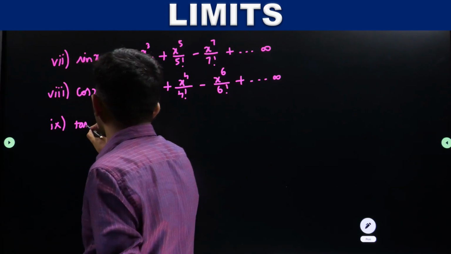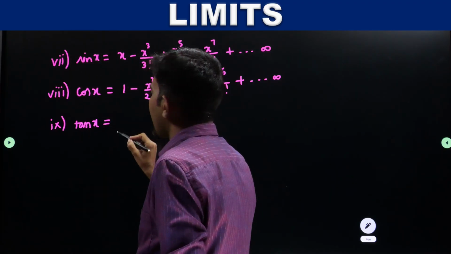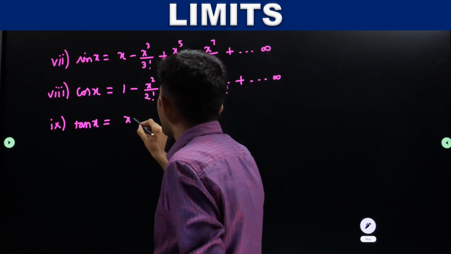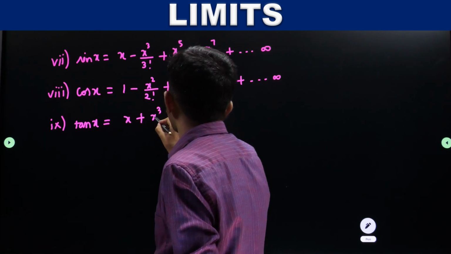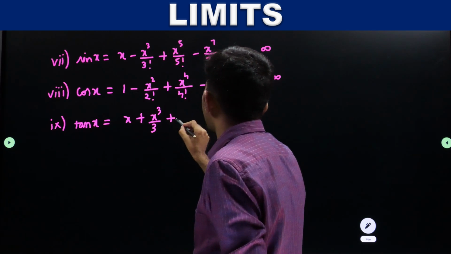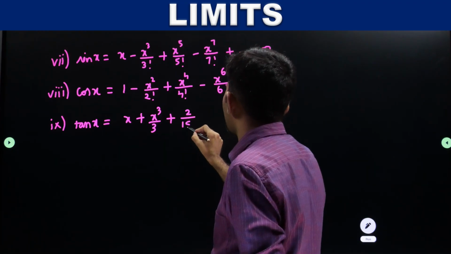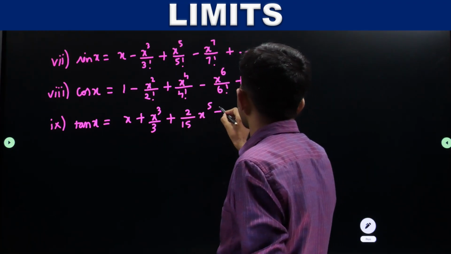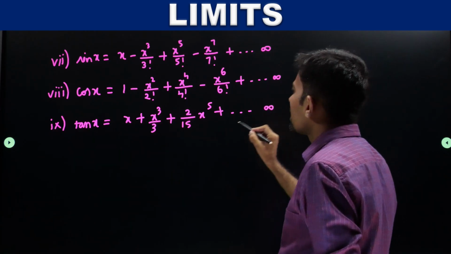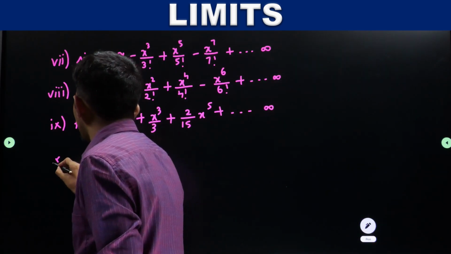Tan x is equal to x plus x cube divided by 3 plus 2 by 15 x power 5, etc., up to infinity. Next I'll write for sine inverse x.